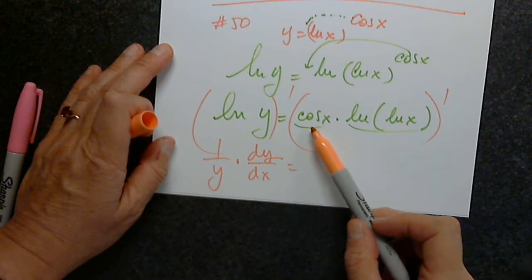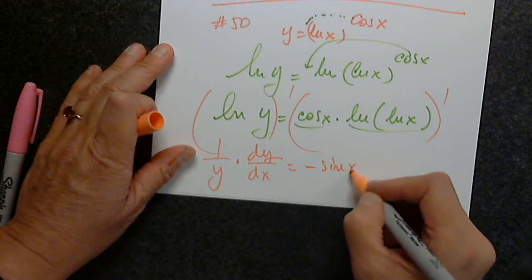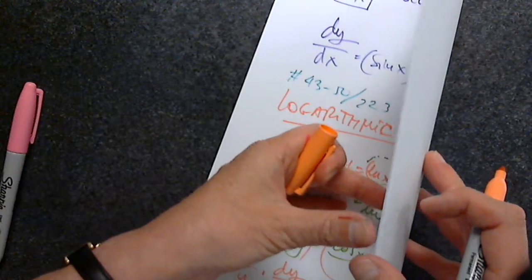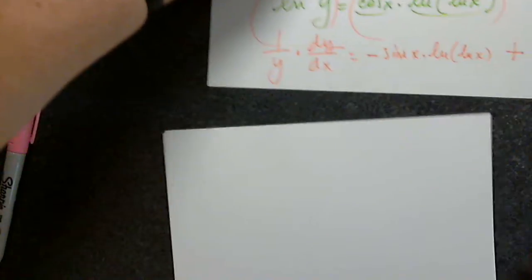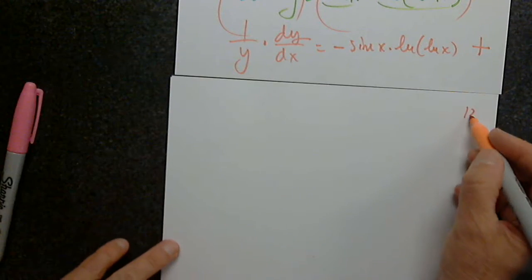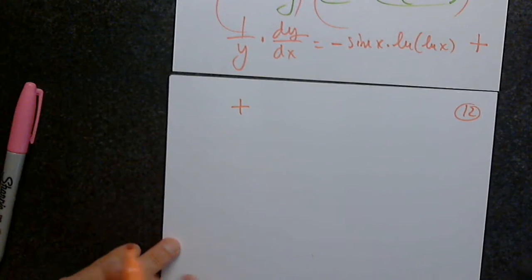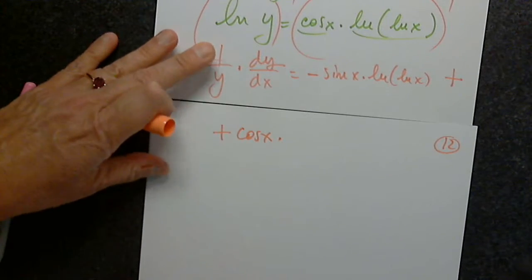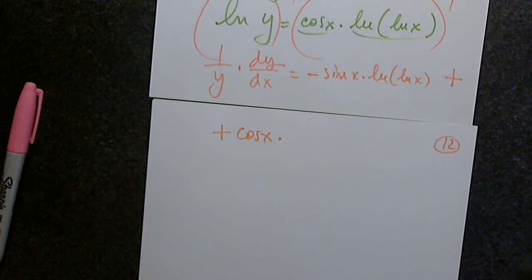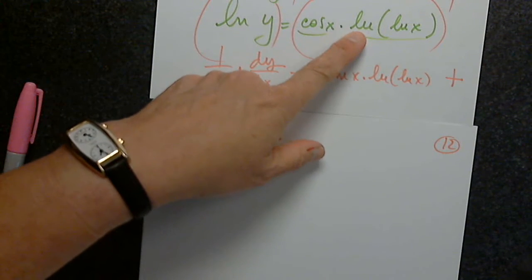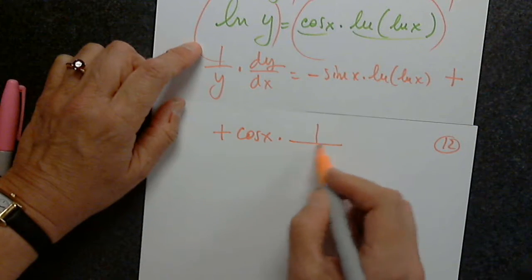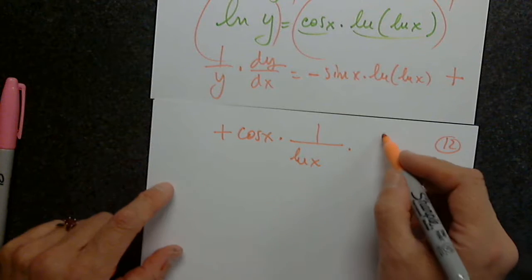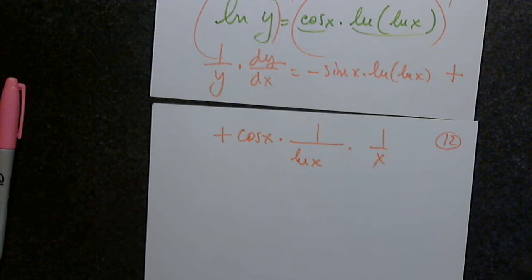This prime is times natural log of natural log x plus cosine x times, be very careful, we have natural log of natural log. We differentiate the outer function first. 1 over natural log x. And times we differentiate now the inner function. That's it. Awesome. Great job.